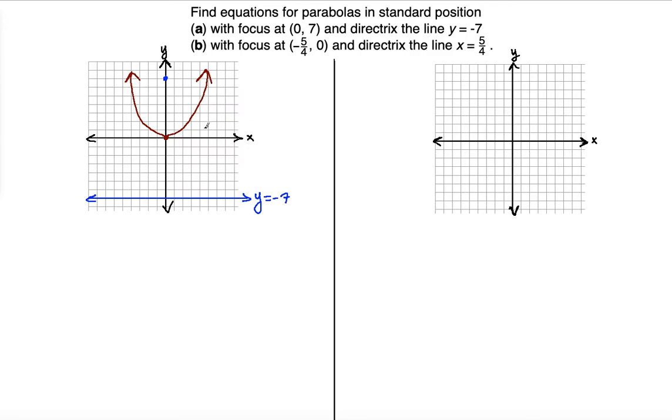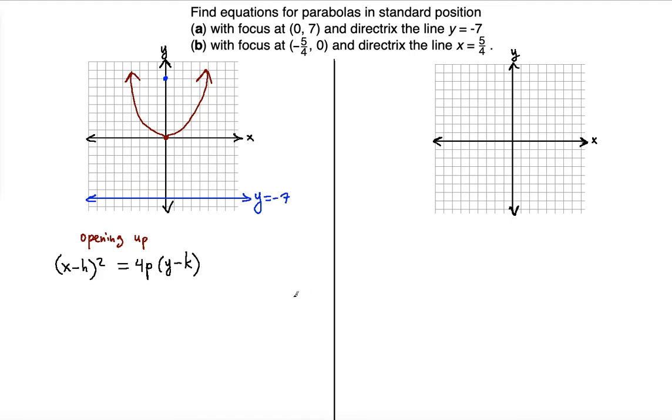I'm not going to draw you an exact parabola, but when we're talking about opening up, there's a formula that we use, which is (x - h)² = 4p(y - k). So now we have to find the components in order to find the equation of this parabola.